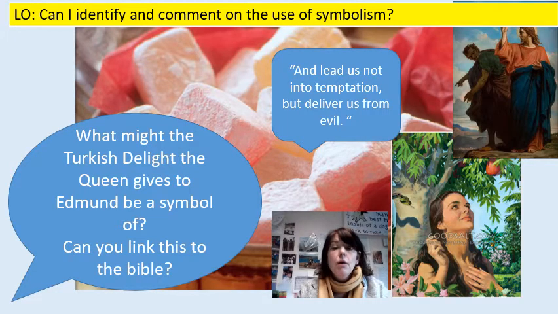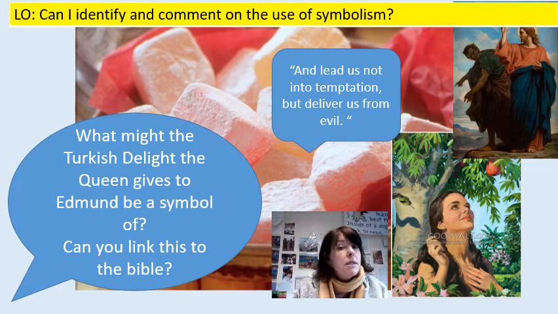Okay, so you might have been thinking along the lines of the fact that greed and avarice is one of the 7 deadly sins, wanting lots of things that cause us pleasure as a deadly sin. And also, if you think about the way that the Turkish delight is being used, it's being used to trap and tempt Edmund, isn't it?